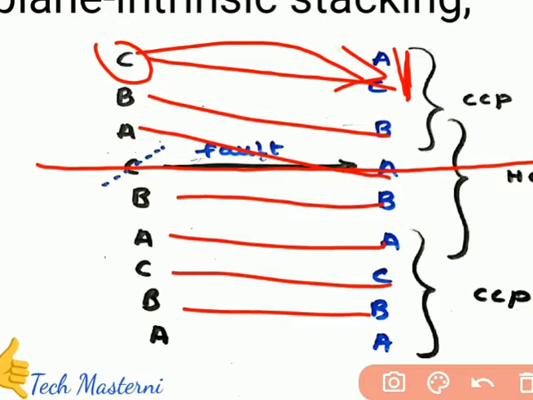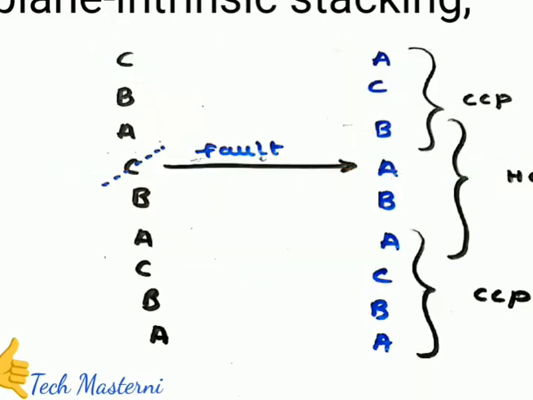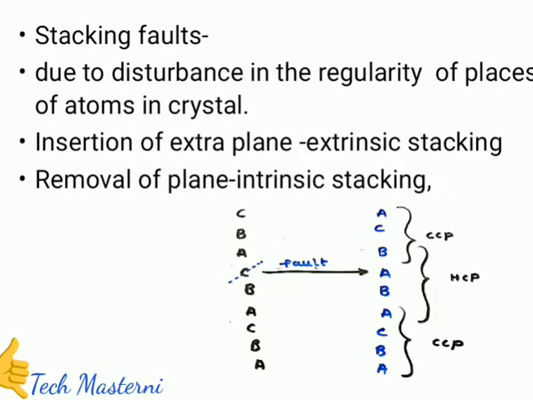So below the fault, we have the exact same sequence and above the fault we have a translation error. So this is all about the stacking fault. There are two types of stacking fault. First one is extrinsic stacking fault, where insertion of an extra plane happens, and second is removal of a plane, which is called intrinsic stacking fault.